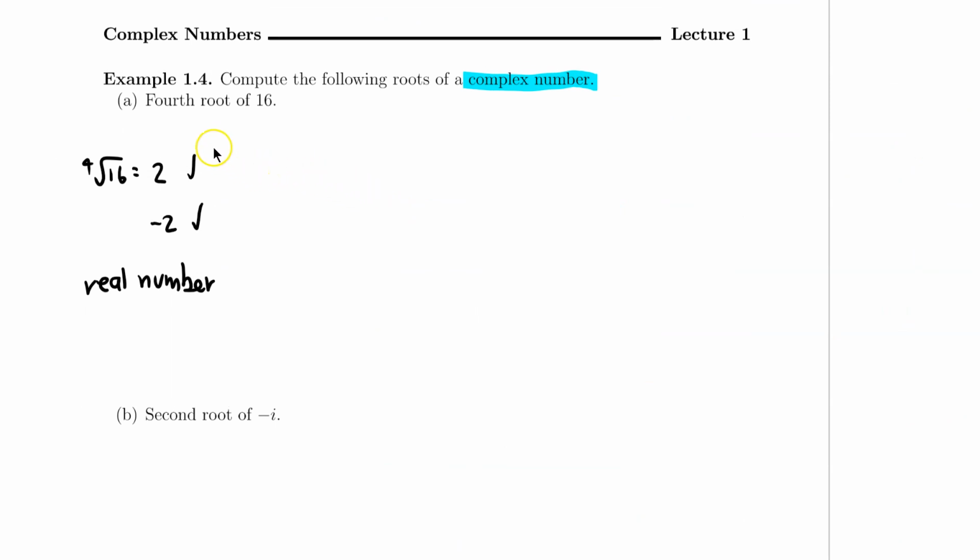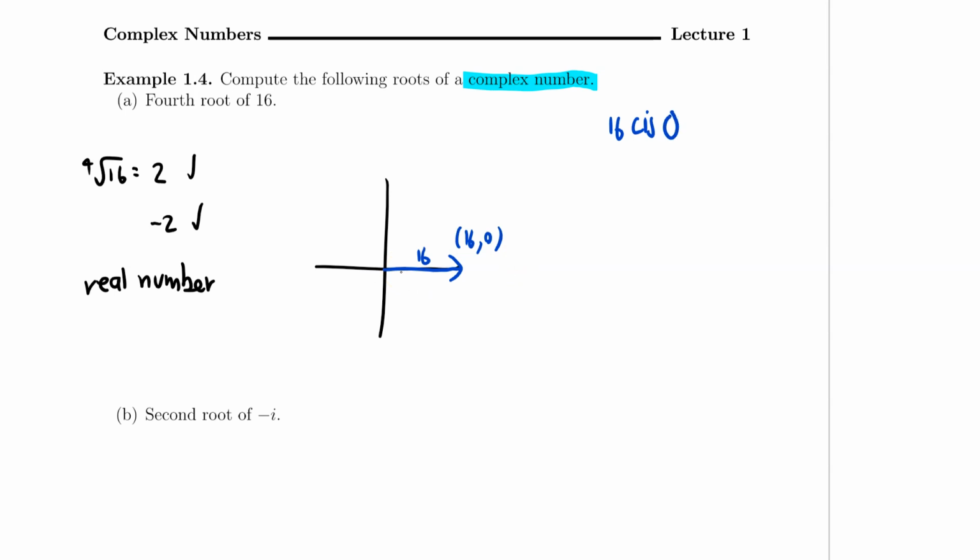If I want to find all the fourth roots of 16, then I can do this by writing 16 in polar form. So this 16 here is going to be 16 plus 0i. It's going to be a vector of 16 units long. Cis of the angle here is going to be just 0.